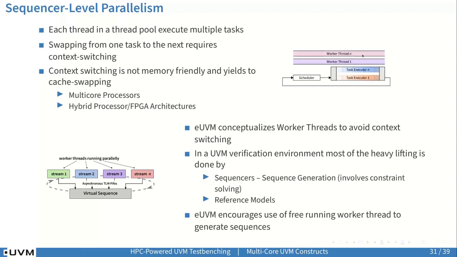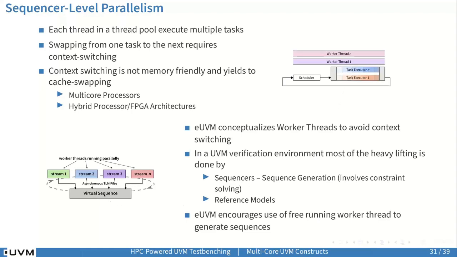The worker thread will keep on randomizing sequences and making them available to the sequencer, and the sequencer takes them and moves on. There needs to be some communication constructs for that, like how the sequencer catches a sequence from an independent asynchronous thread. We'll talk about it in the next slide.